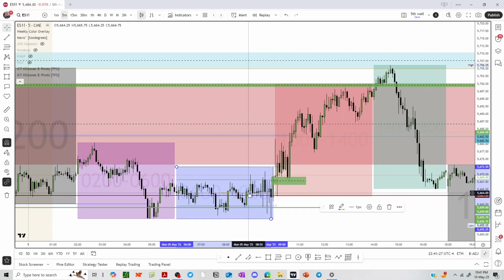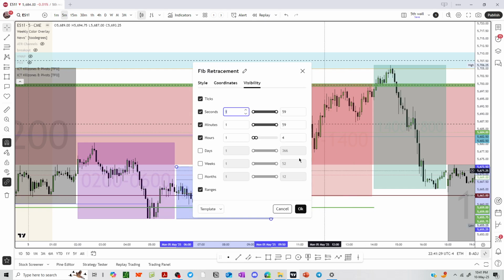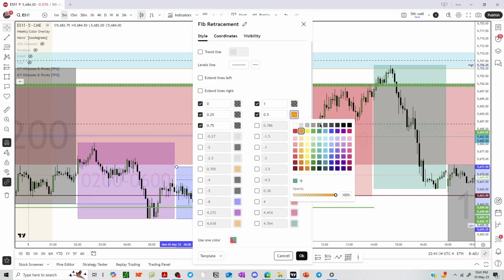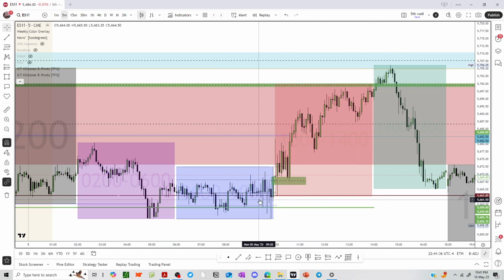Above, this is 50%. Go back here. And then we start to target.